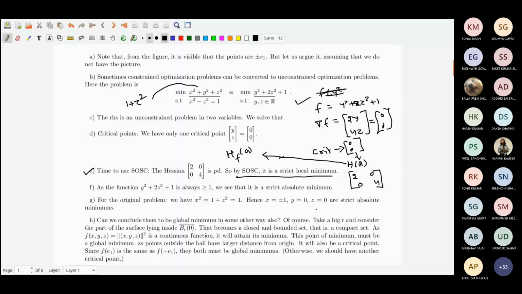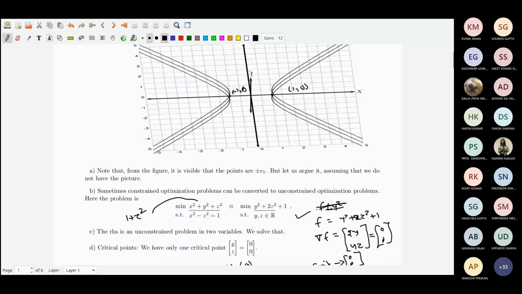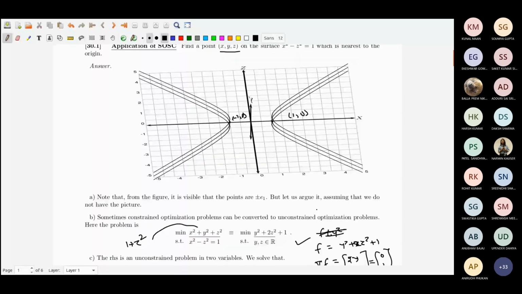You can also give another argument. For example, if you are looking at the picture, the function is now the distance of any point on the surface from the origin.